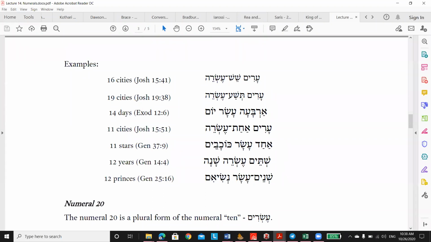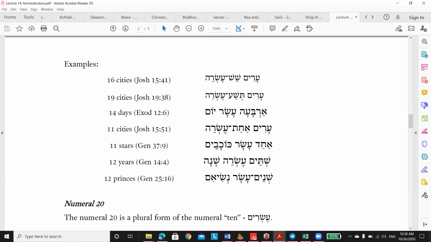the noun. So in English, we should put the noun in plural, like 2 days, 14 days. We cannot say anything else. But in Hebrew, sometimes they do not put a noun in plural.